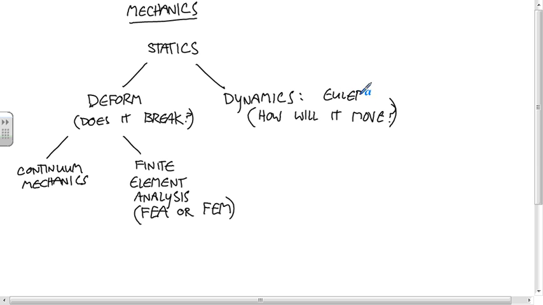And then from there, you can go in two directions. You can go to Lagrangian. So this is the force approach. Lagrangian dynamics is the energy approach.